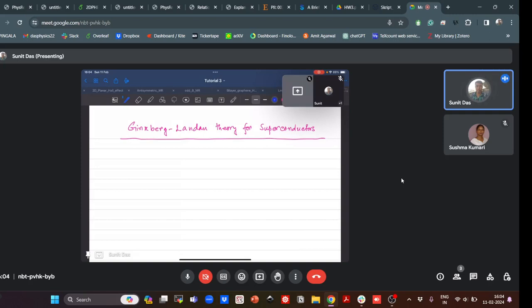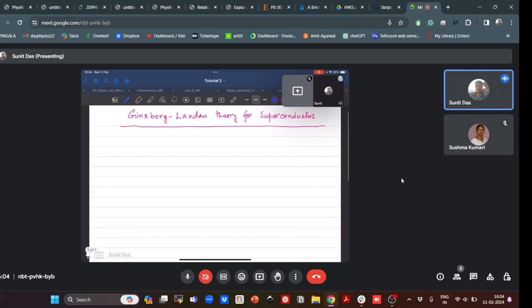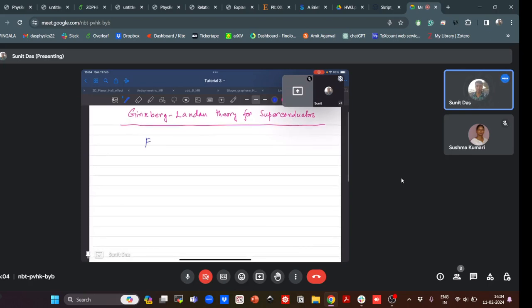So in the last class, we introduced the Landau theory for superconductors, where we considered the free energy for superconductors, which is something like F0. This is for the normal state.